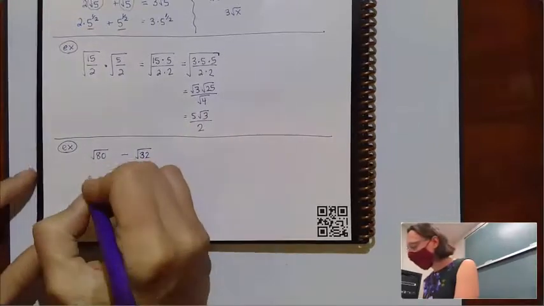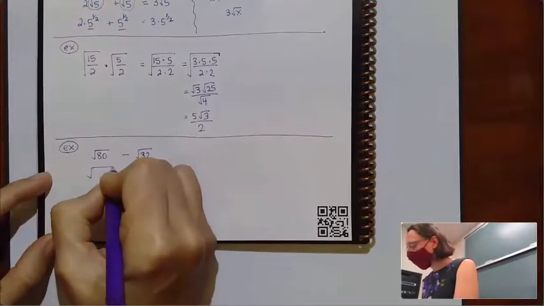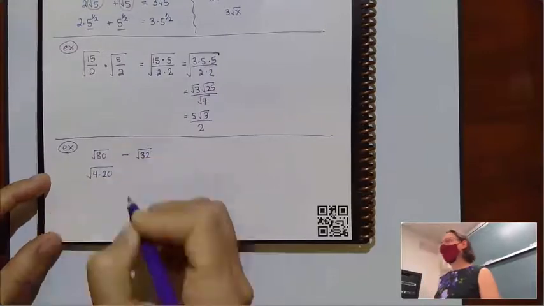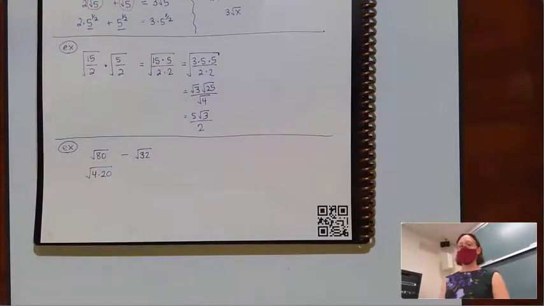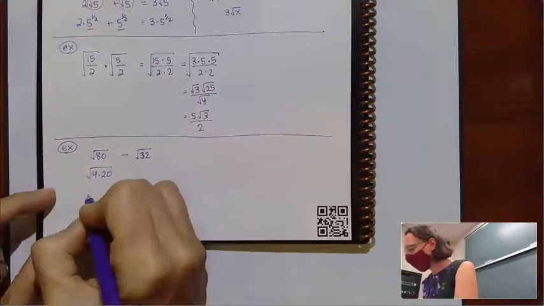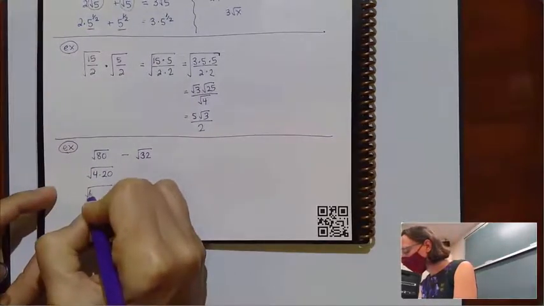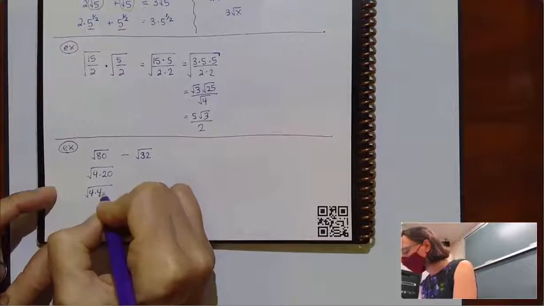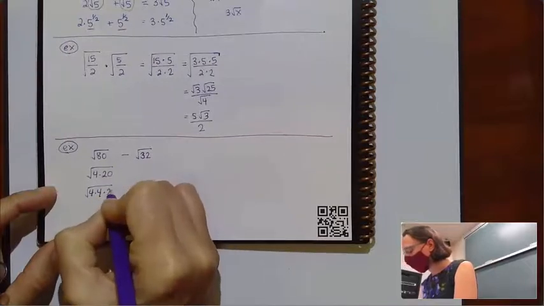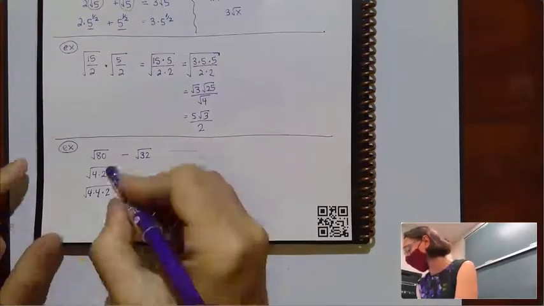So 80 is 4 times 20, and I'm going to take that because 4 is a perfect square. But 20 I can break up even more, because 20 is 4 times 5.